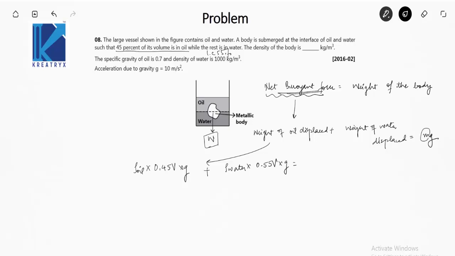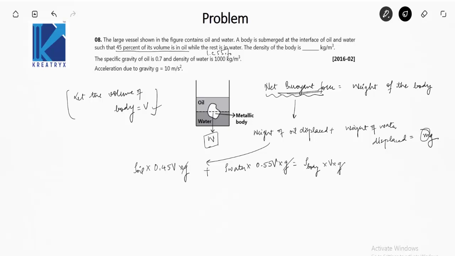Equal to mg, how can I write m? M can be written as rho of body into volume of body, which is v. I've assumed the volume of the body as v. This is understood already. So rho body into v into g.